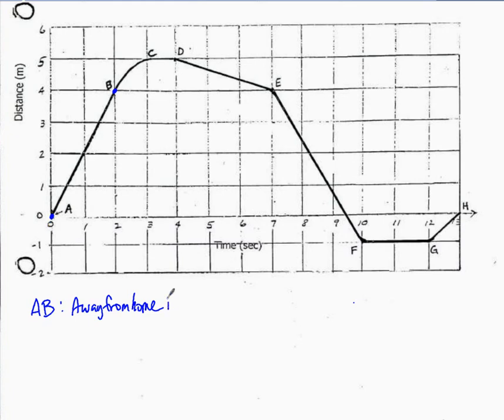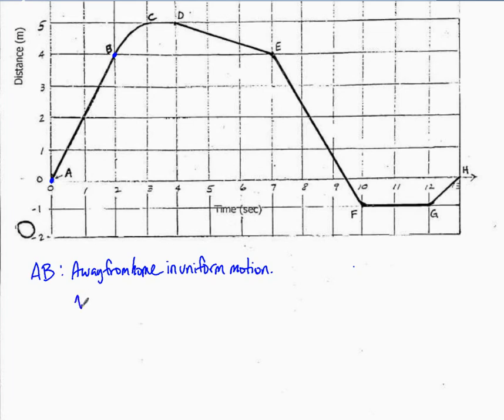A straight line tells us we're in uniform motion. So from point A to point B, we are moving away from home in uniform motion.